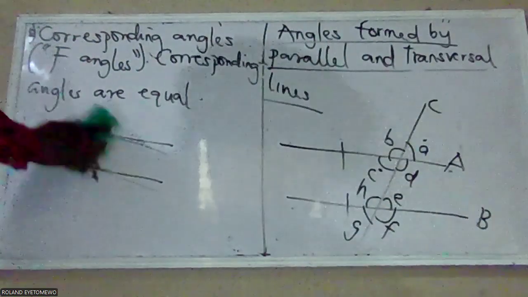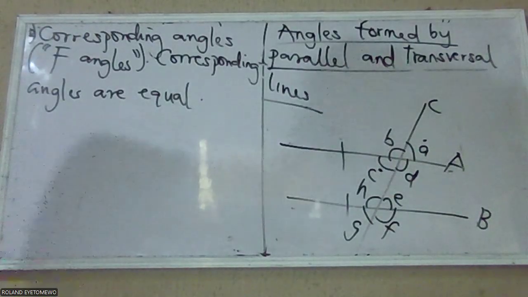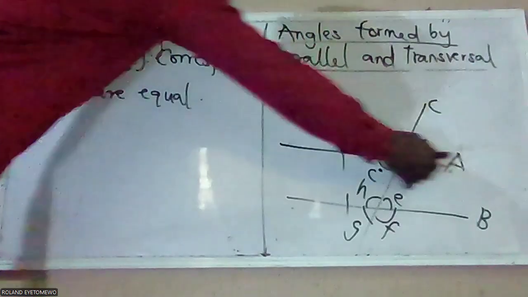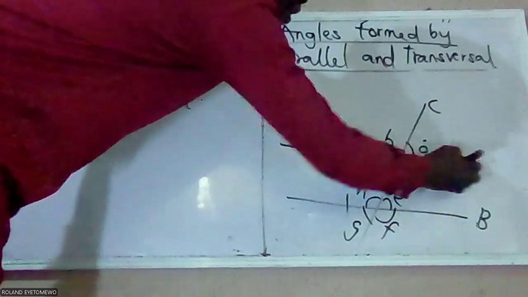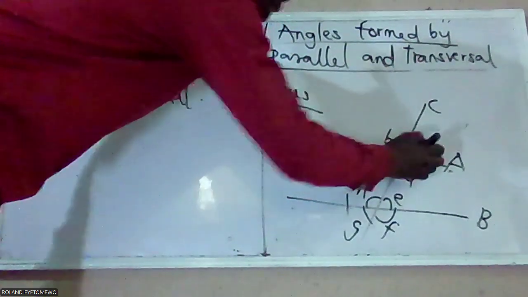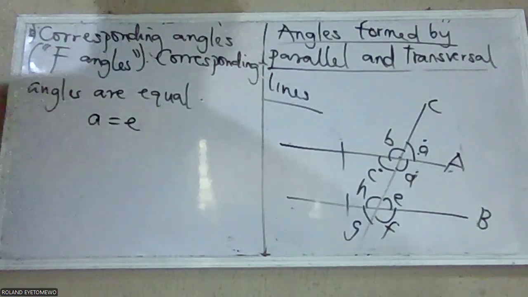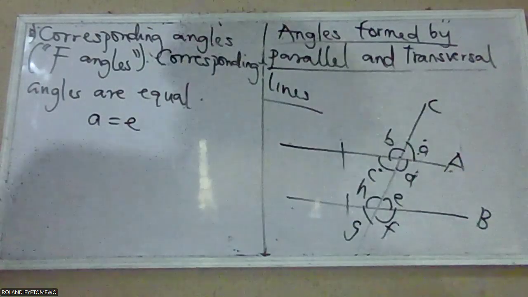Let's come back to this diagram to see the corresponding angles there. Don't forget, corresponding angles are always equal. So this is our parallel lines, and this is its transversal. I have this, the angle here, A and E. A is equal to E. The reason is because they are corresponding angles.